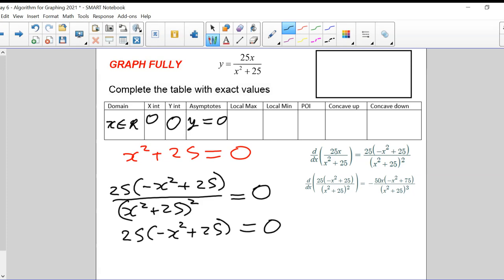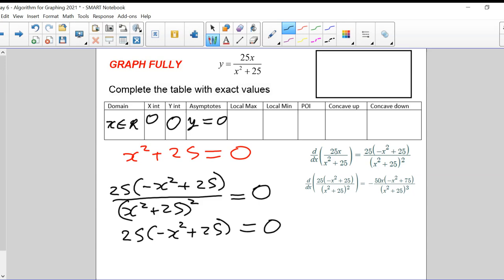Okay, I've done that. So where do I go now? How do I solve this now? I need to solve for x, folks. Any ideas? Factor out the minus 1 and then difference of squares.